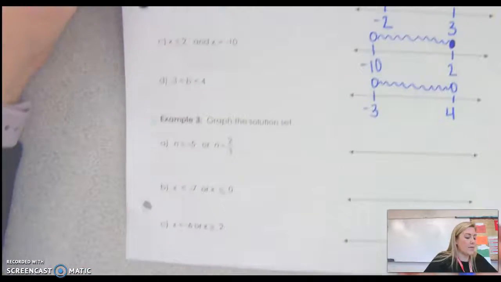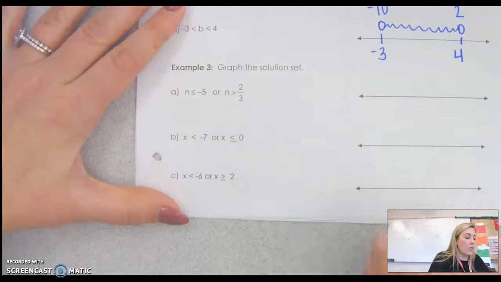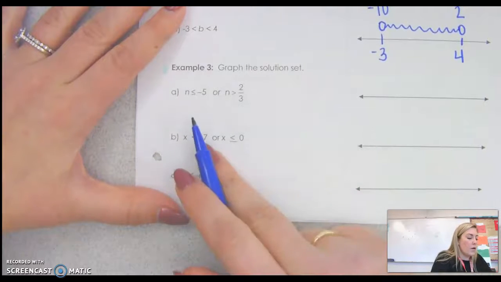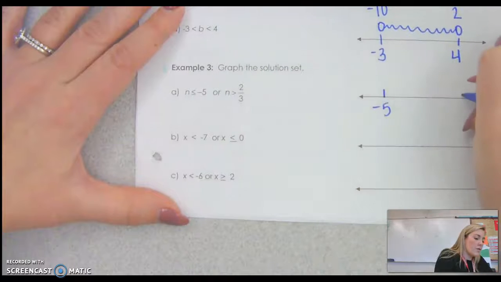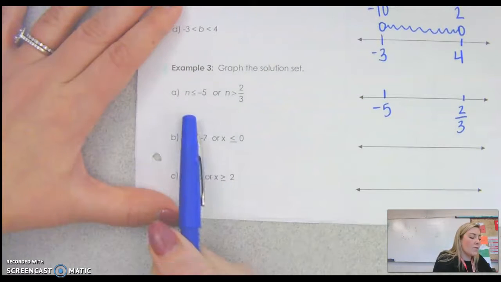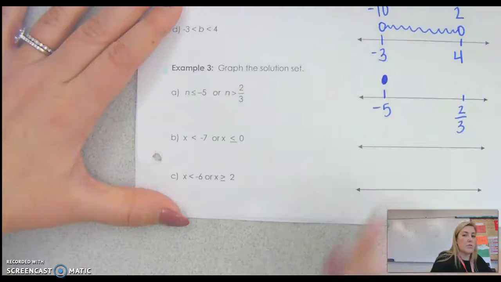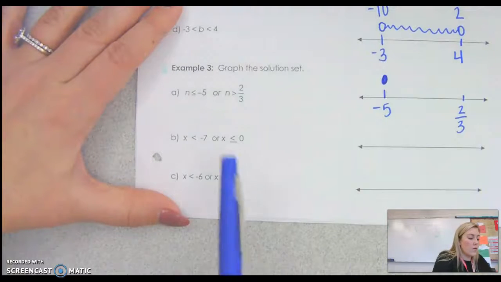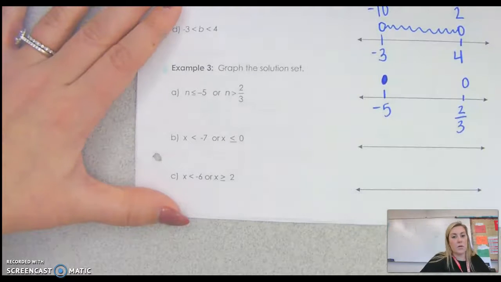Okay, let's try example 3. These are all or problems. So -5 is going to go on the left. 2/3 goes on the right. -5 is less than or equal to, so that has a closed circle. 2/3 is greater than, so that has an open circle.